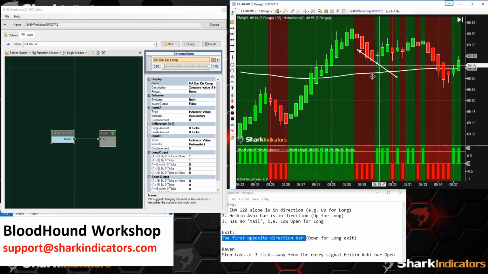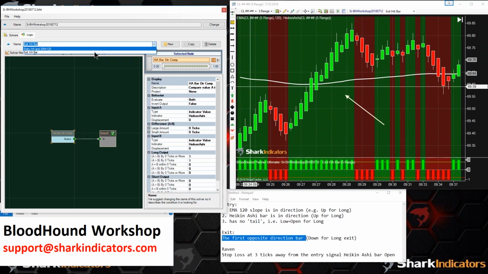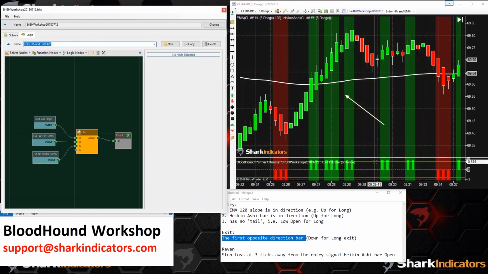Let's look at the entry signals again here. So let's say if you used Raven or Blackbird, or even just discretionarily, you went long right there.